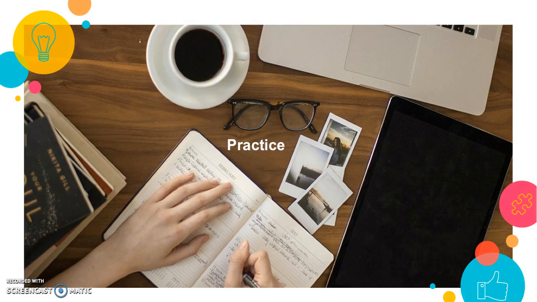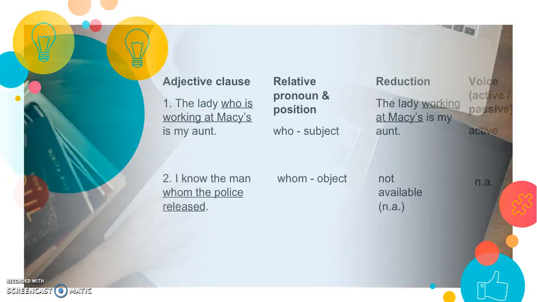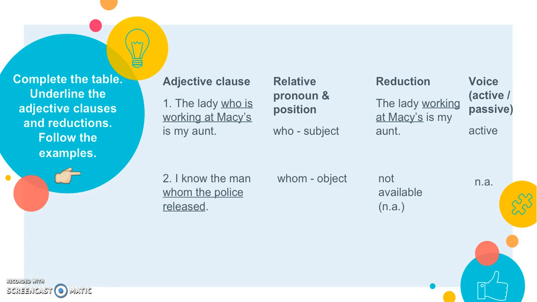Now this is time for practice. This is a table with 2 examples. Your job is to complete the table, underline the adjective clauses and reductions. Let me explain the examples here. There are 4 columns in this table, which are about the main ideas of today's lesson.